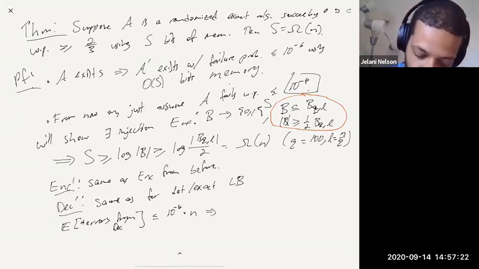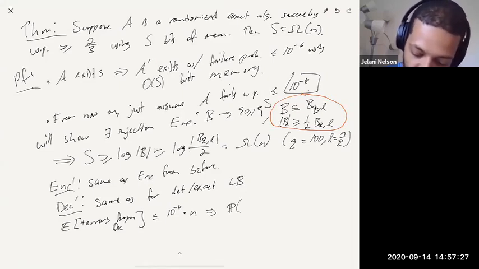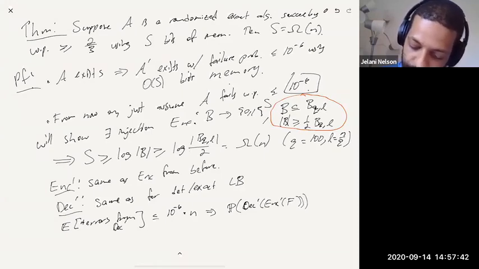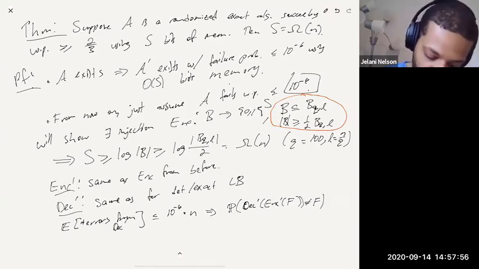Which means that the probability that the decoding prime of the encoding prime of some fixed set is wrong, or actually, let me go back here.